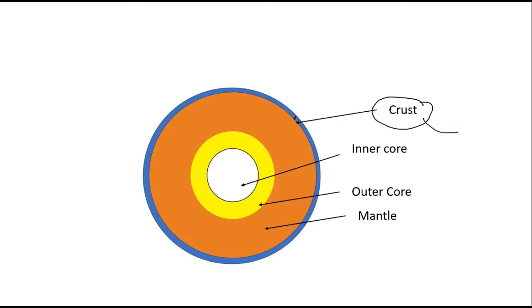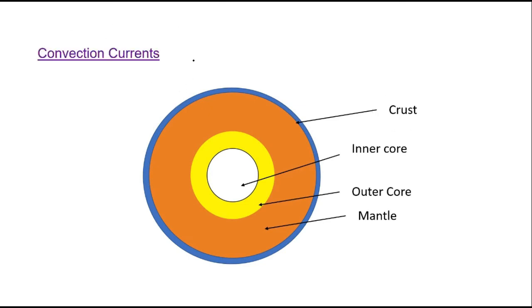So you will find plates on the earth. And what are plates? Plates are pieces of huge solid rock. And we have learned that they move. The question is, why do they move?